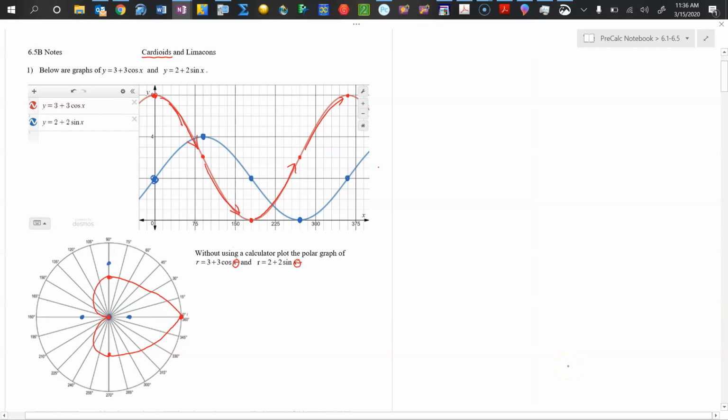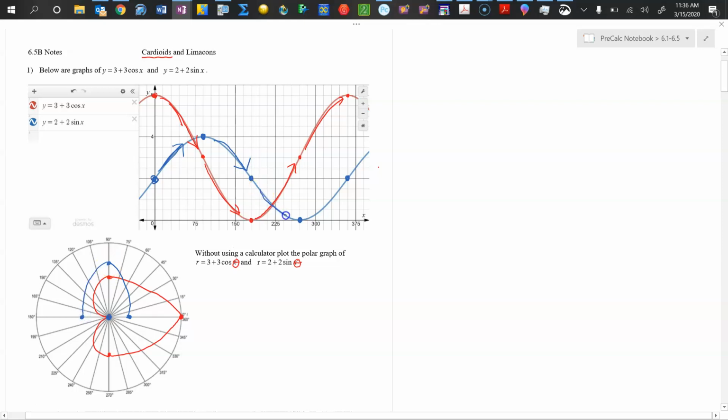And so what's happening in between? Between 0 and 90 degrees, r is increasing from 2 to 4. Between 90 and 180 degrees, r is decreasing from 4 to 2.